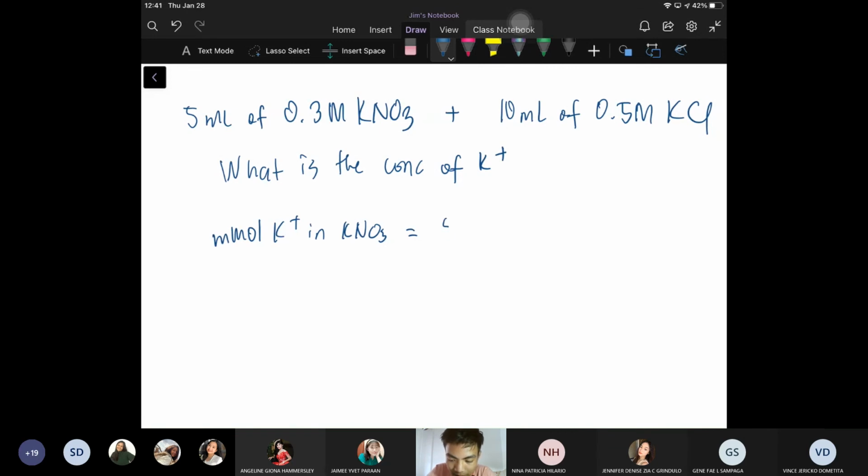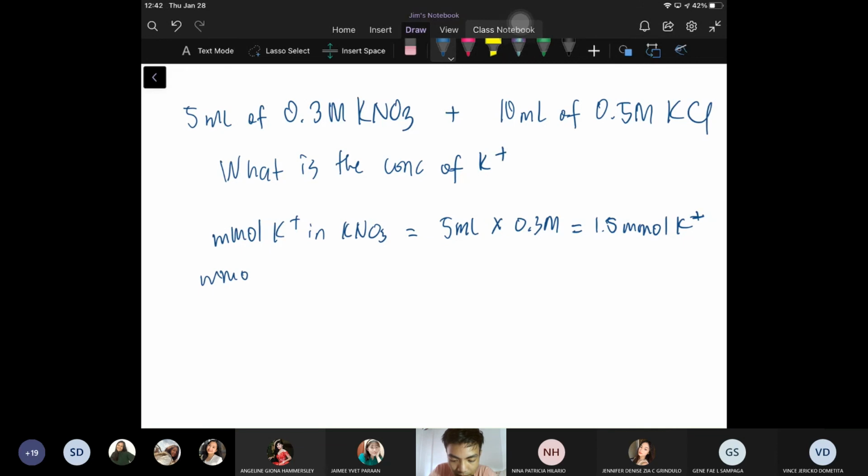That's 5 ml times 0.3 molar. Ano siya got? 1.5, no? So, 1.5 millimoles K+ yan. Okay? So, K+, 1:1 lang naman yung ratio ng KNO3 sa K+. Ito, binibigay ko na yung tips, ha?